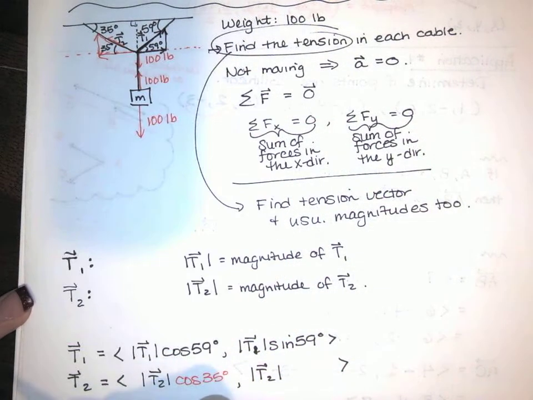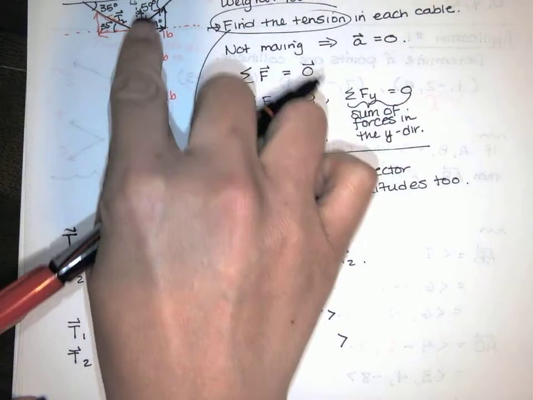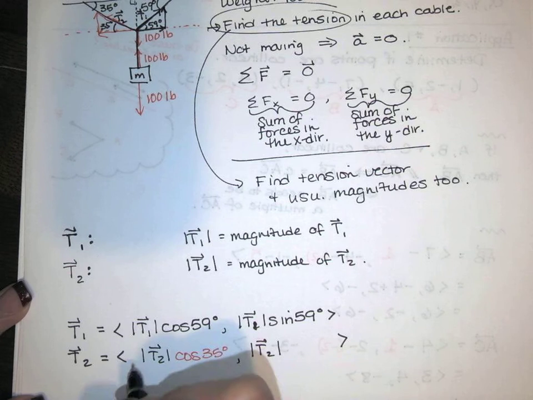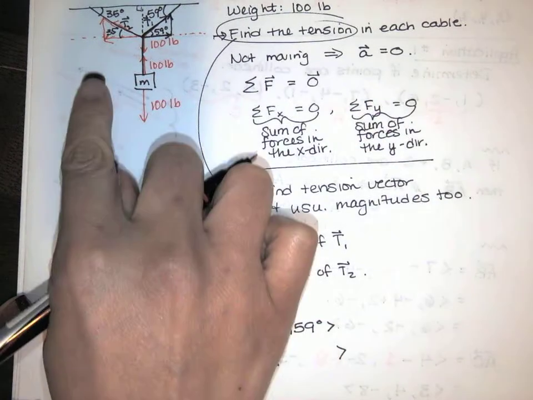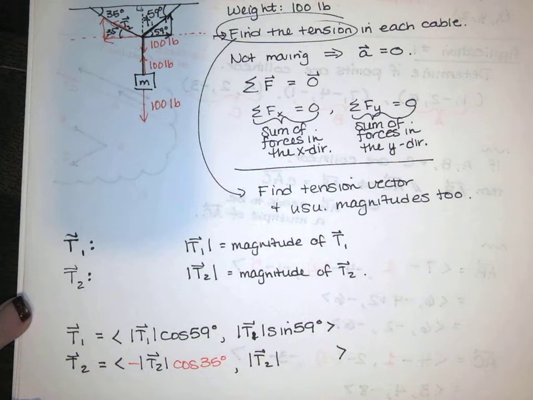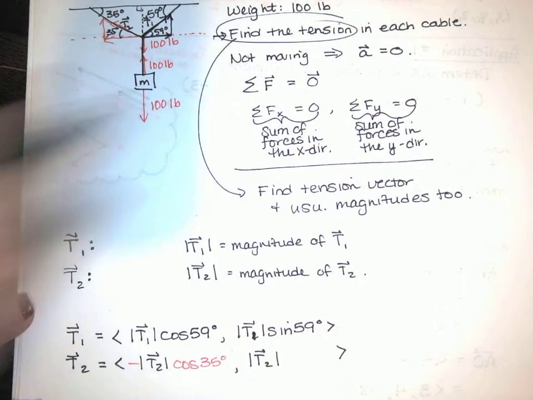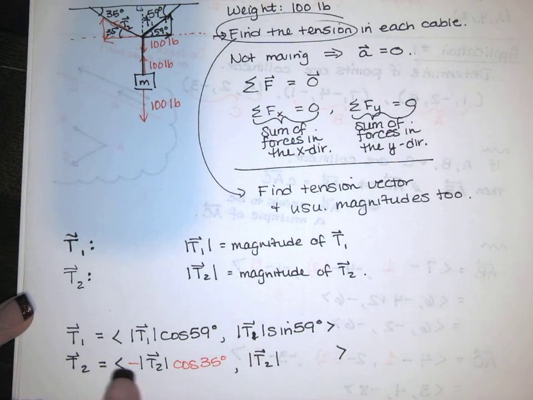But it's in the negative x direction. So rather than subtracting that 35 from 180 and getting the right angle, I'm just going to put a negative there. That negative takes care of the fact that that's over there, as opposed to that angle over there. So just choose the right sign based on your choice of origin.